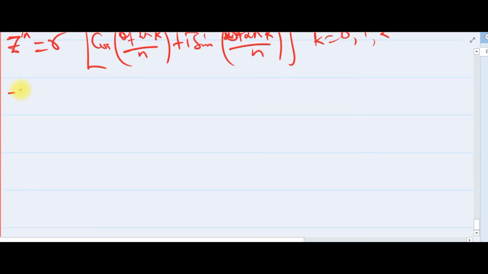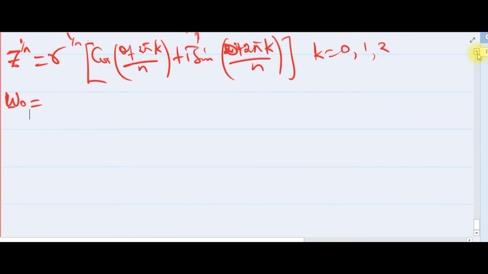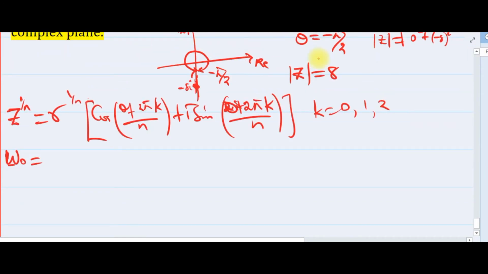So for our first value, when k is 0, our r is 8, raised to power 1 over 3. Our n is 3.